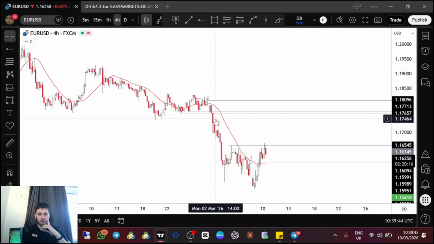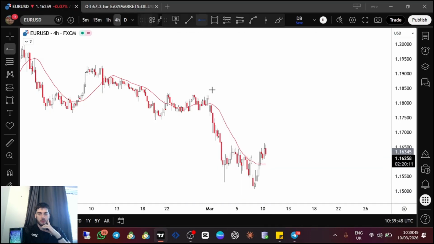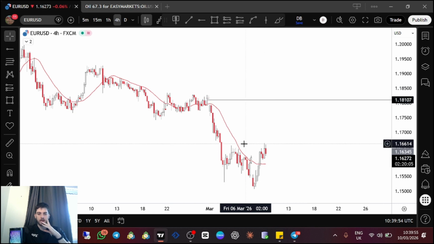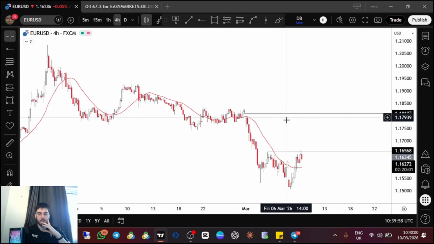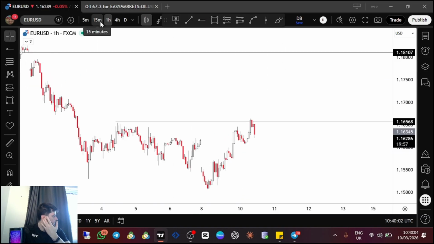Mind all these other drawings. Actually, I'll just take it off now. Could go up to the 1.18 level to fill in this gap long term, but right now it's taken out this high.